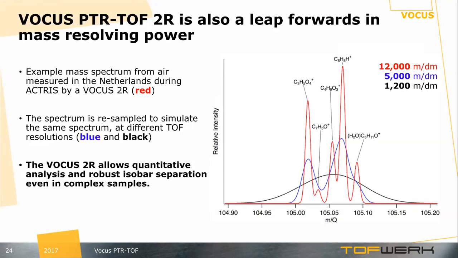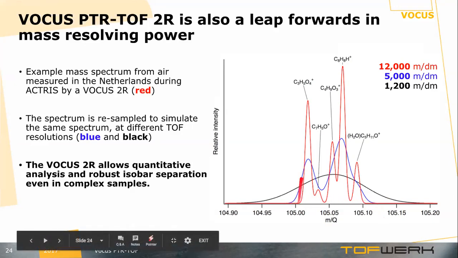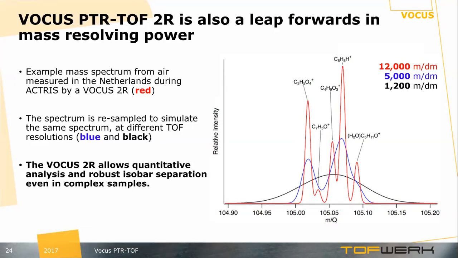What you see in red is the observed spectrum by the 2R instrument, and you can see there are multiple different compounds present at this nominal mass. We've taken this real mass spectrum that we measured with 12,000 resolution and downsampled it to simulate what it would look like with different instruments. In blue, we show the same spectrum with a resolution of 5,000 and with a resolution of 1,200.